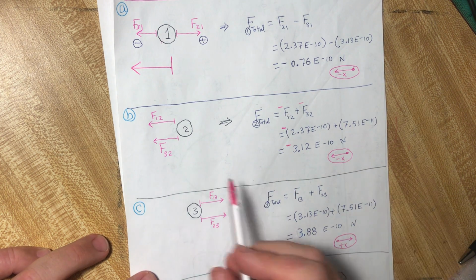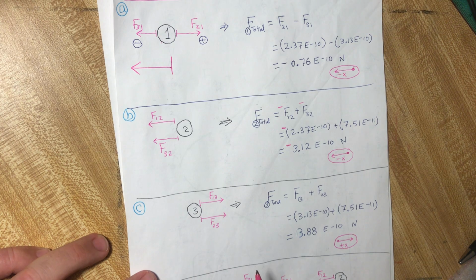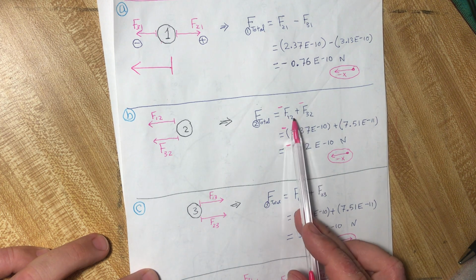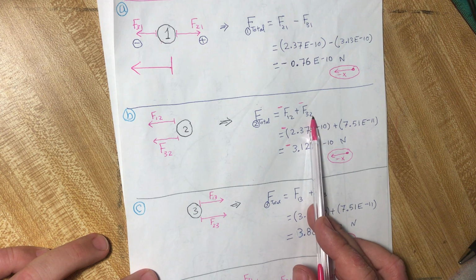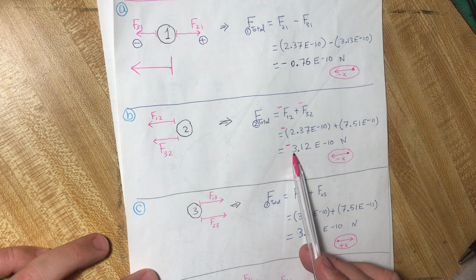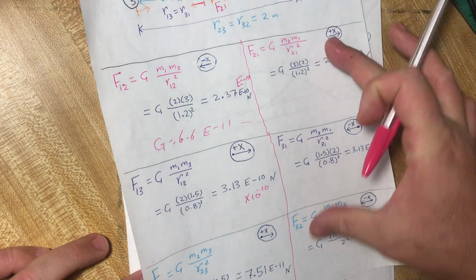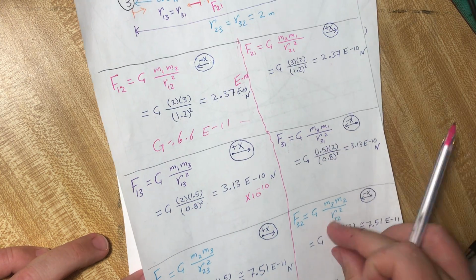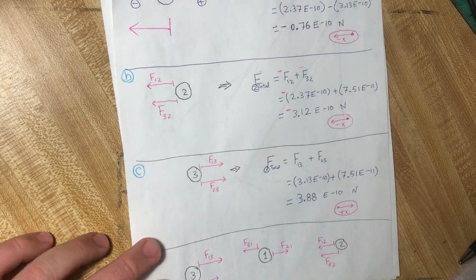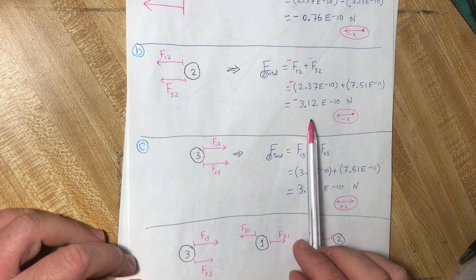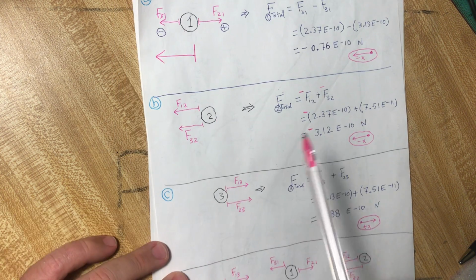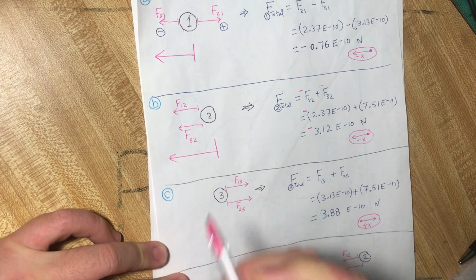The negative means in the negative x direction. So we just need to add F12 plus F32. We just solve all of them. We just need to add each one to another one to find the total force on any object. This is the total force on the second object, which is in this direction.